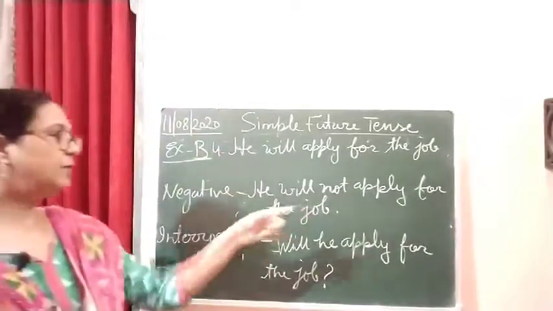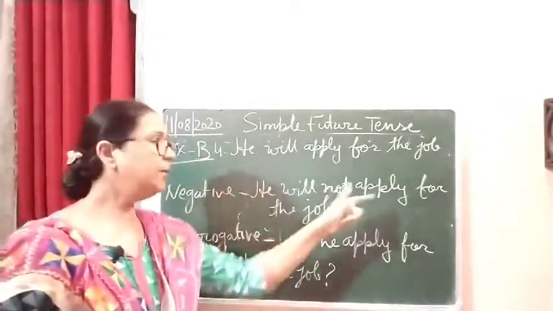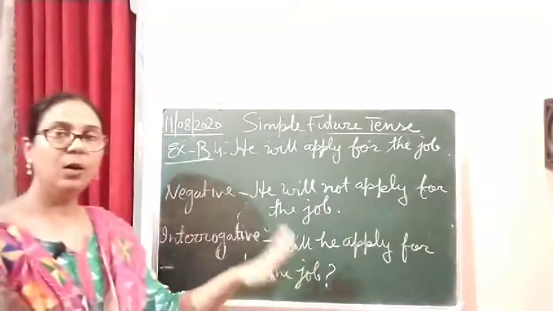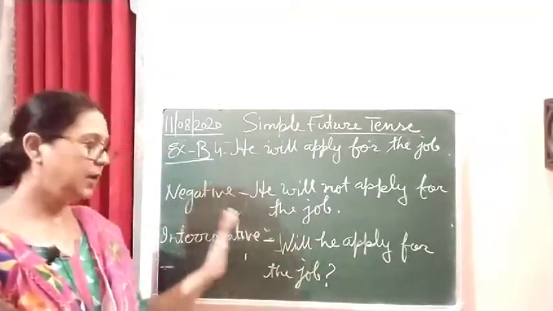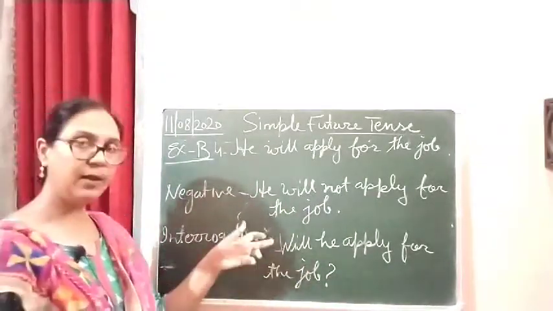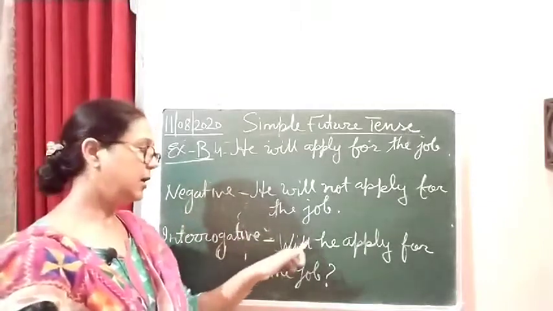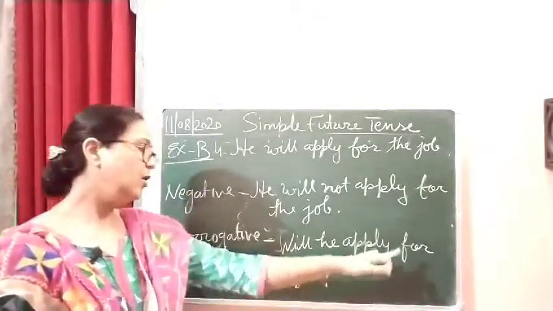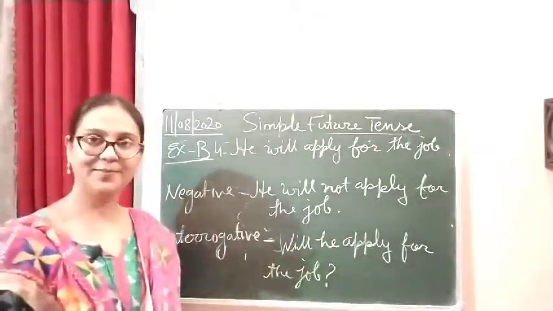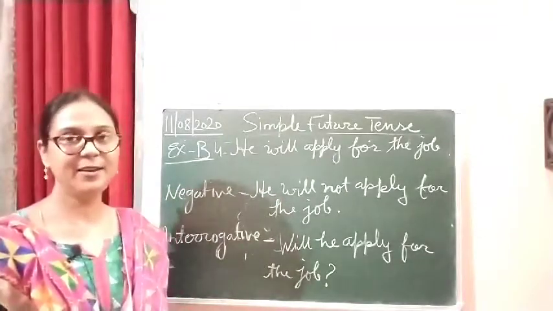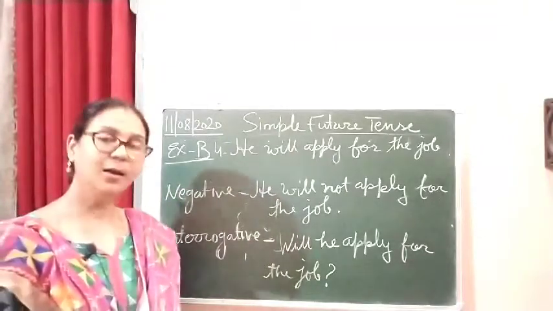He will not apply for the job or he won't apply for the job. Now in interrogative sentence, we are supposed to use will at the first place, then he, then apply for the job. So this way we have completed this exercise number B.